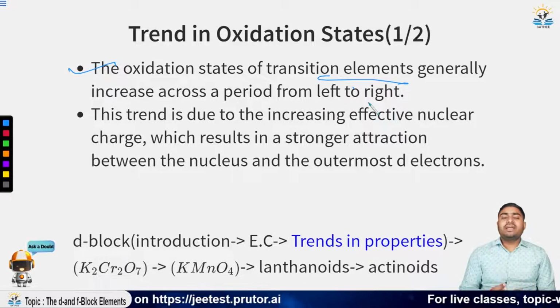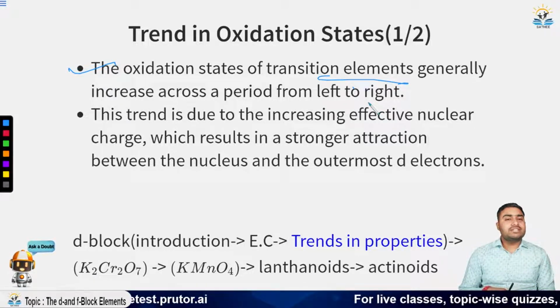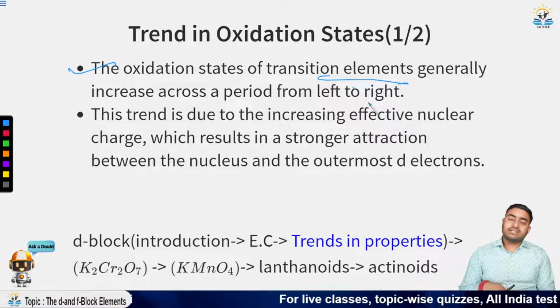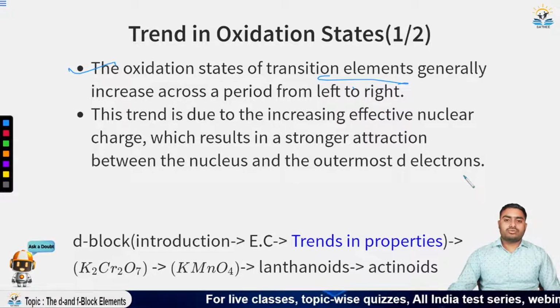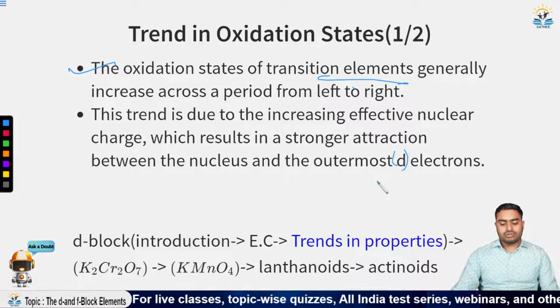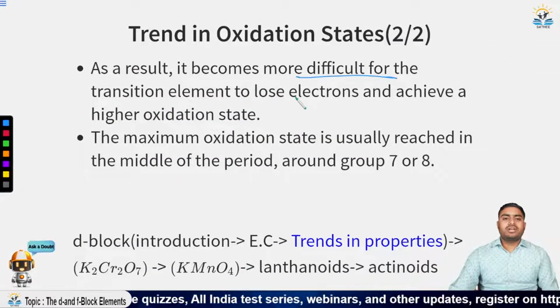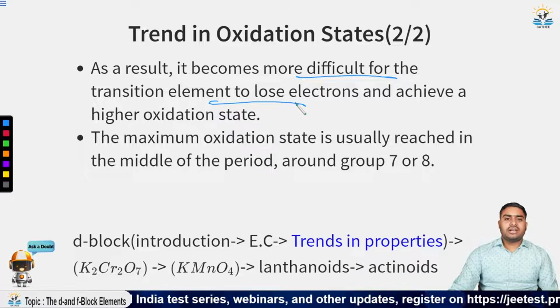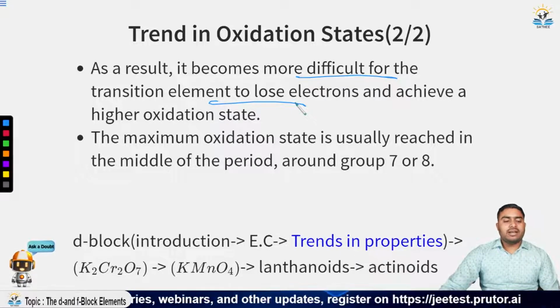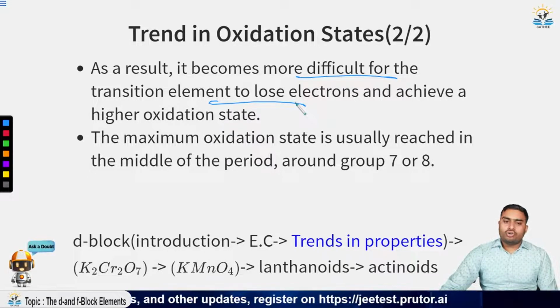This trend is due to the increasing effective nuclear charge, which results in a stronger attraction between the nucleus and the outermost d electrons. As a result it becomes more difficult for the transition elements to lose electrons and achieve a higher oxidation state.